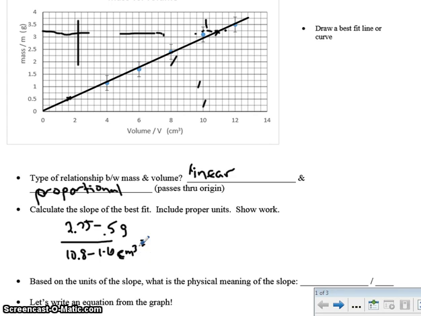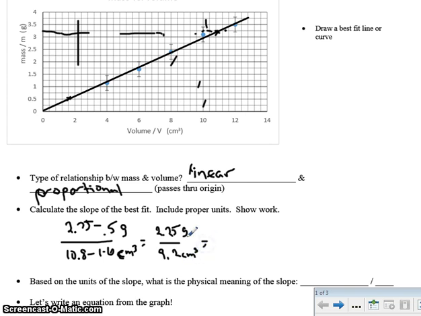Okay, so we want to divide this out. If we get out our calculator, we see that 2.75 minus 0.5 is 2.25 grams, divided by 10.8 minus 1.6, that's 9.2 cubic centimeters.